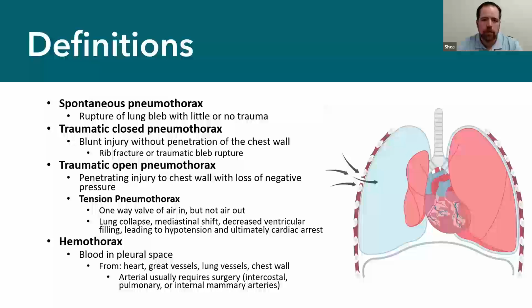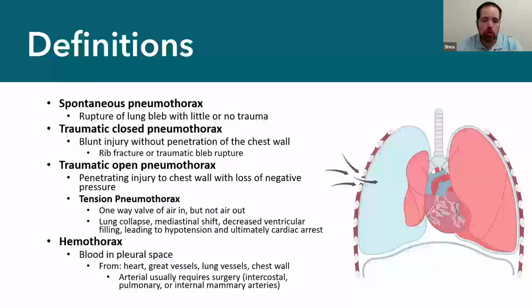And one complication of this, which we talk about a lot and is a harder diagnosis to make than you realize, is a tension pneumothorax. That's what this picture is showing. It's basically a one-way valve: air comes in, but air can't get out. Every time you take a breath, air takes the path of least resistance, comes in through the hole in the chest wall, and starts filling that potential space, and ultimately can lead to lung collapse and mediastinal shift.